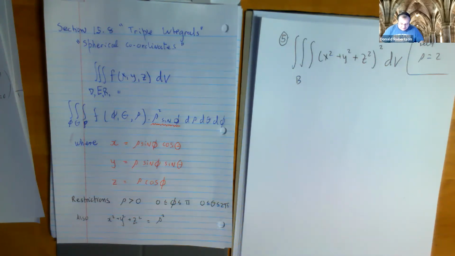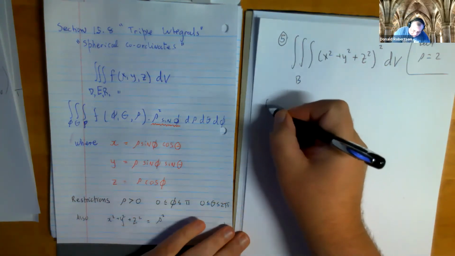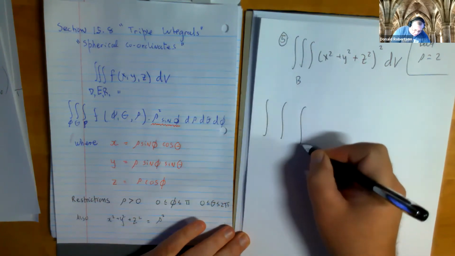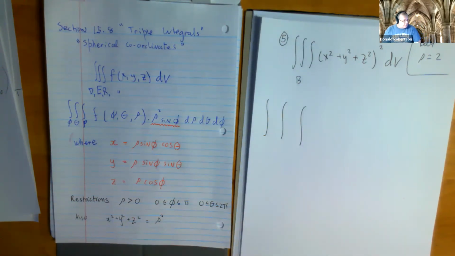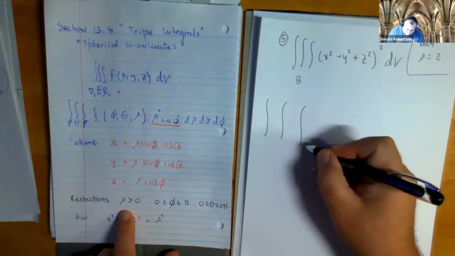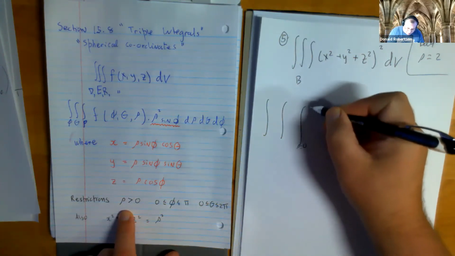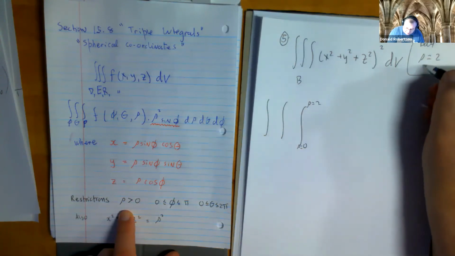Now, if you want to describe the limits of integration for a typical sphere, you're going to do rho equals 0 to 2. That takes care of that.